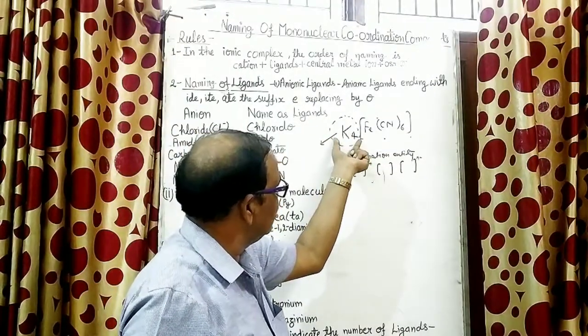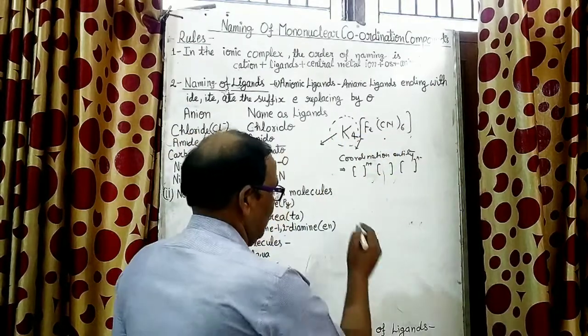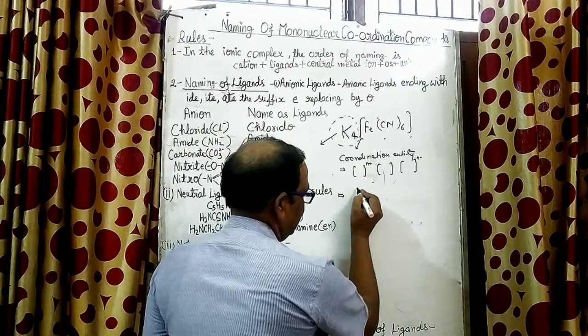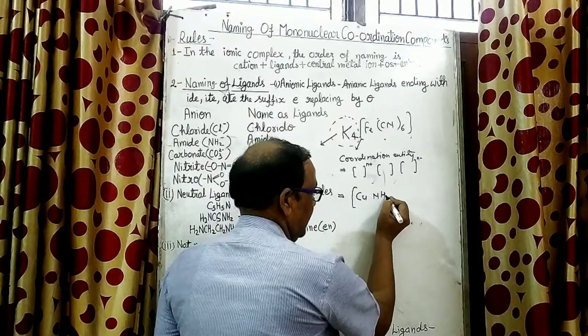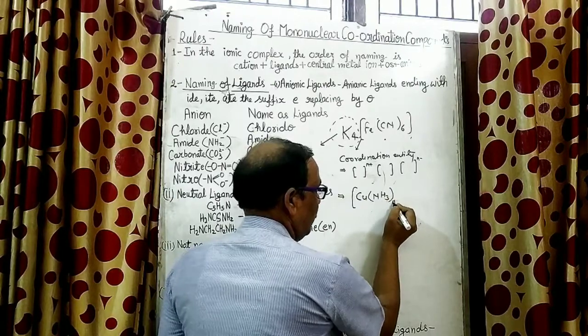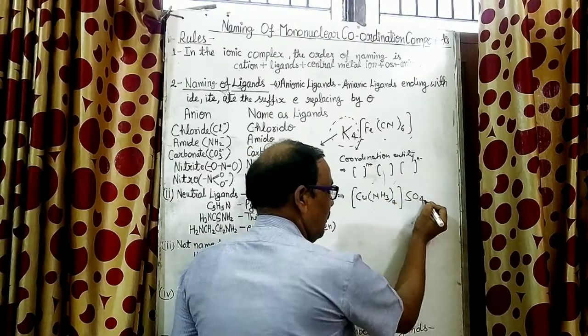Either it is a positively charged counter ion or negatively charged. For example, in this case, [Cu(NH3)4]SO4.